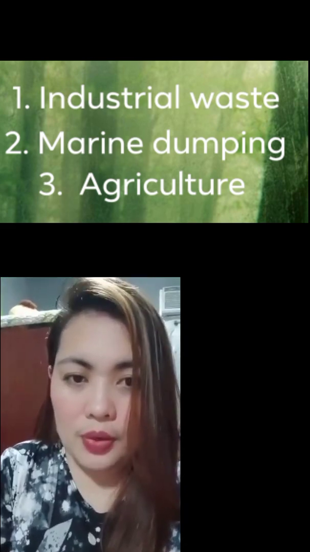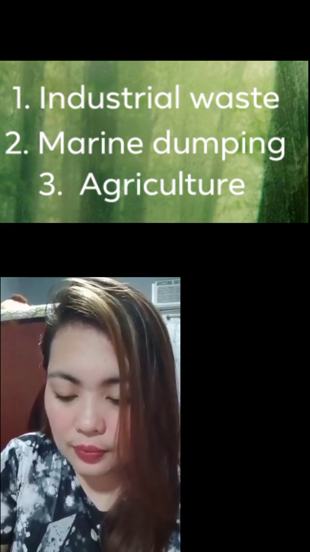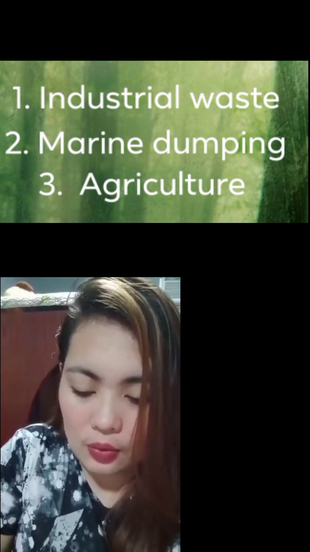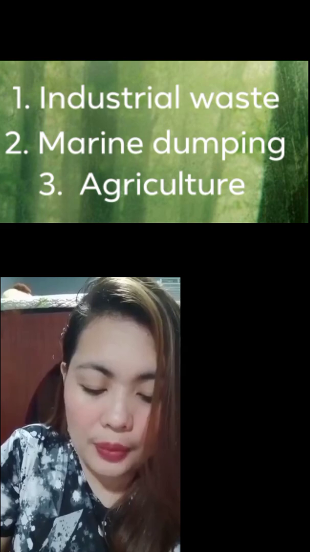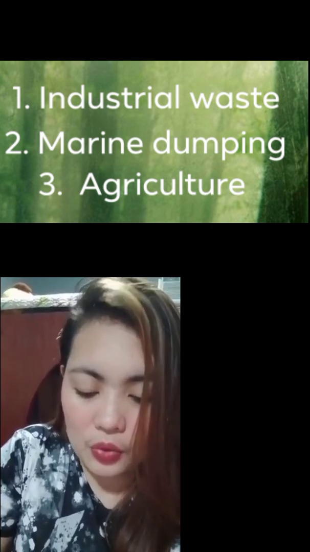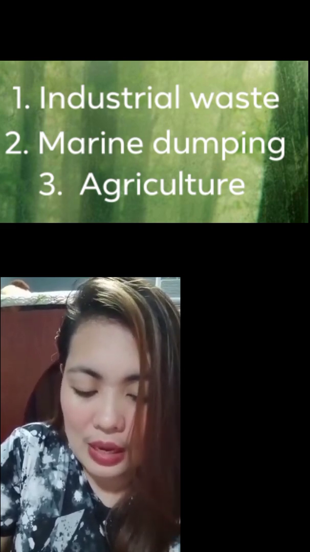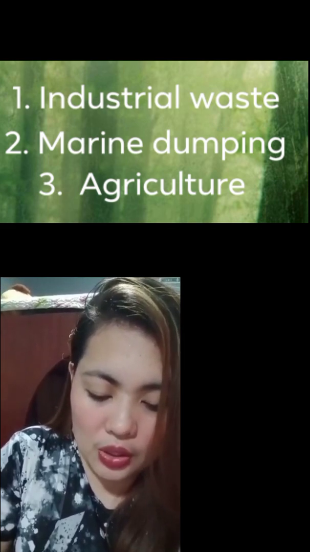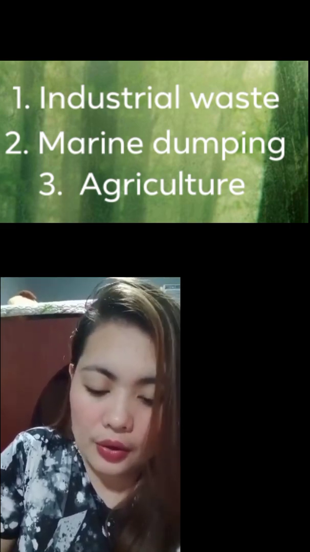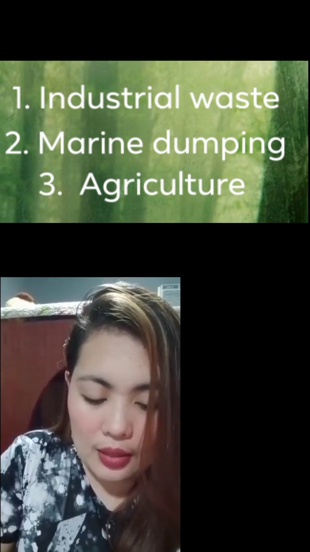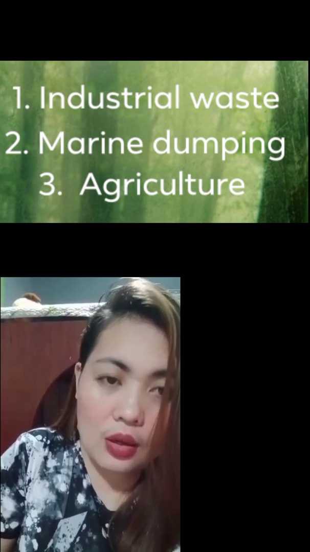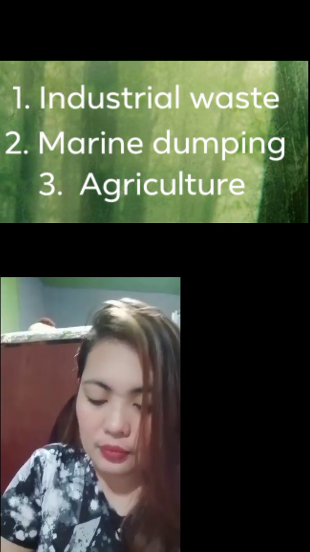Next is marine dumping. The process of marine dumping is exactly what it sounds like: dumping garbage into the water of the ocean. It might seem crazy, but household garbage is still collected and dumped into oceans by many countries across the world, and these items can take anywhere from 2 to 200 years to decompose completely.